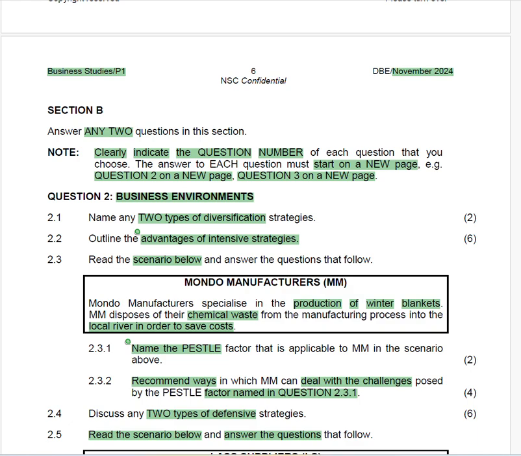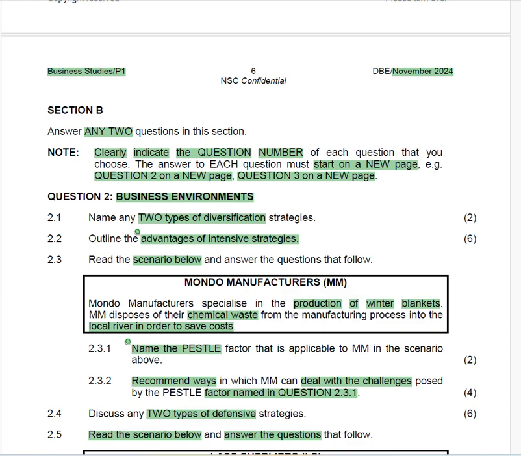So now the business is saying, we are a manufacturer, we know in our manufacturing process these are the things that we need, so let us decide to create our own raw material. That is vertical diversification, or vertical integration.